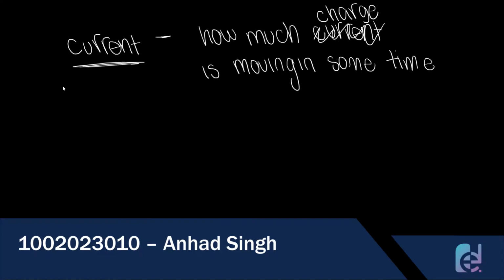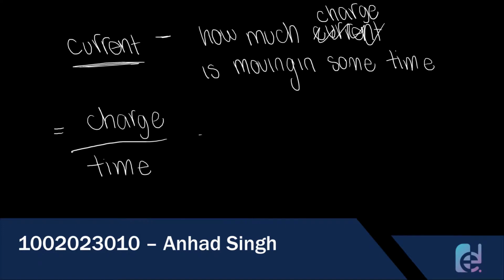So it's basically charge divided by time. In science, charge has the variable q, and time has the variable t. That's the formula for current: q upon t, charge upon time.